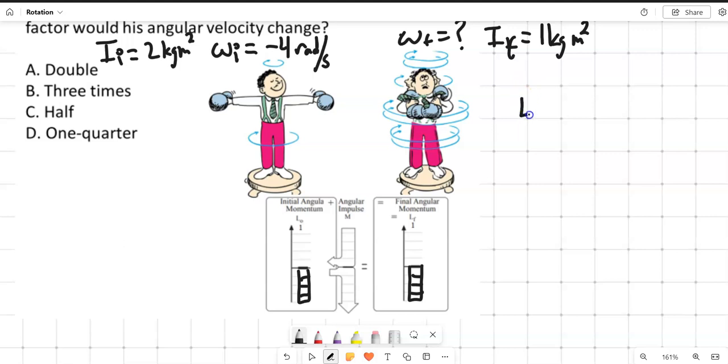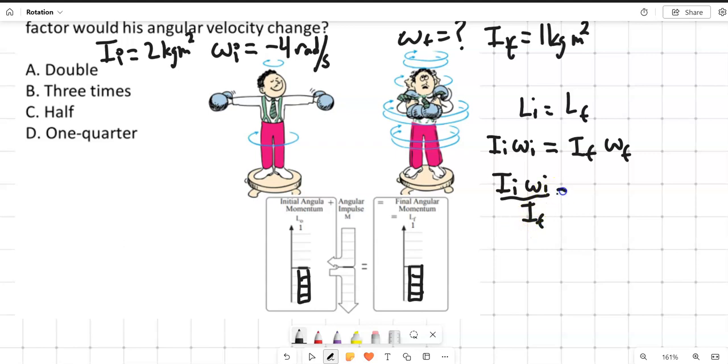Our initial angular momentum is the initial moment of inertia times the initial angular velocity, and that's equal to the final moment of inertia times the final angular velocity. We want to know what omega final is, so we divide the final moment of inertia onto the other side.